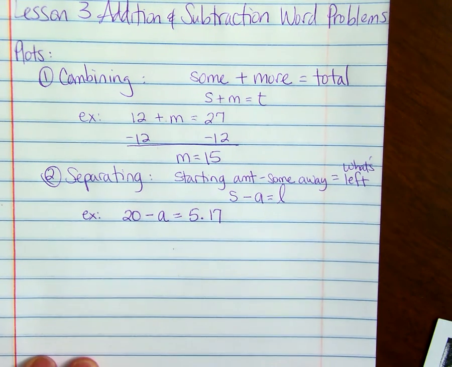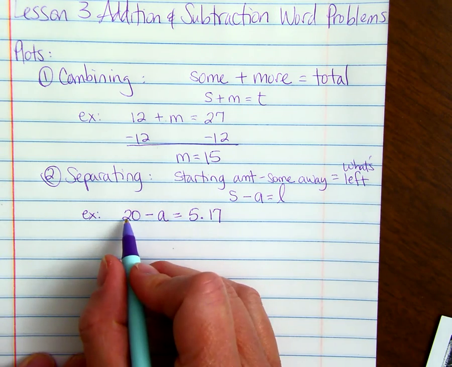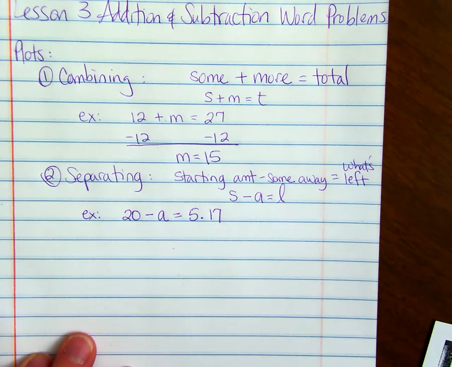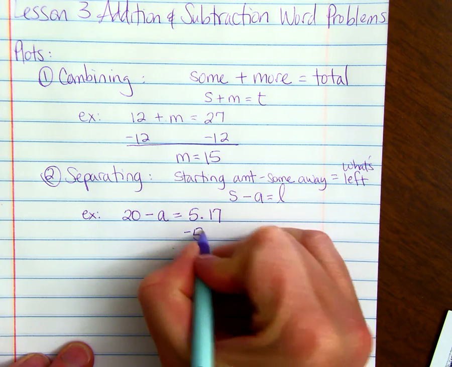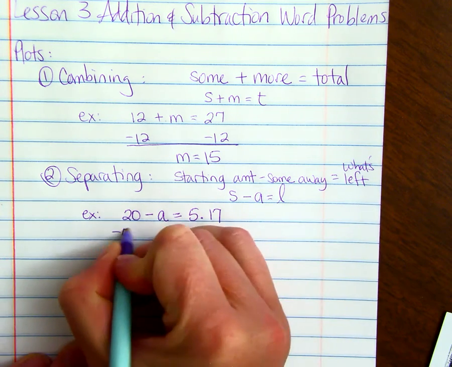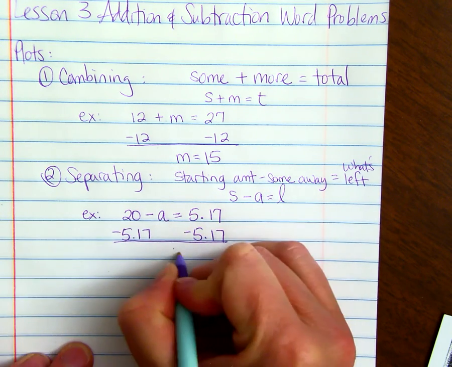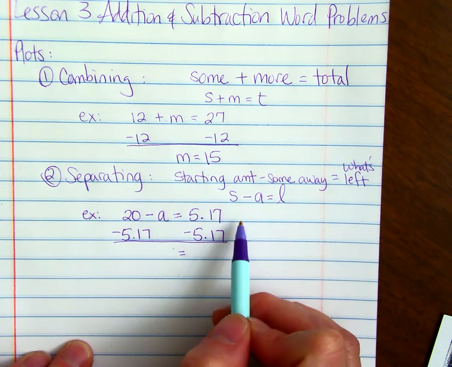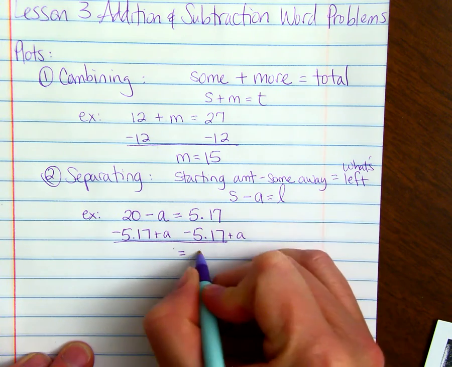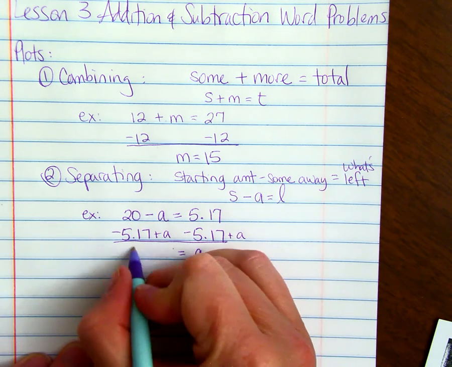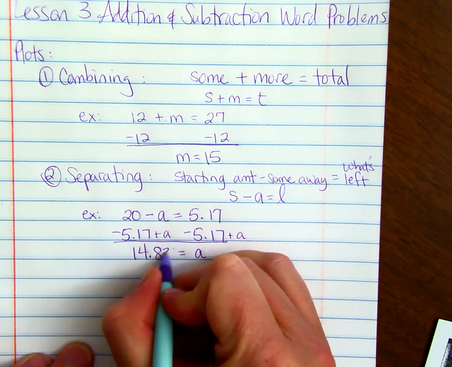How much was the cat food? We solve this by subtracting the $5.17 from the $20. If we add the A to this side, we get A equals $14.83.